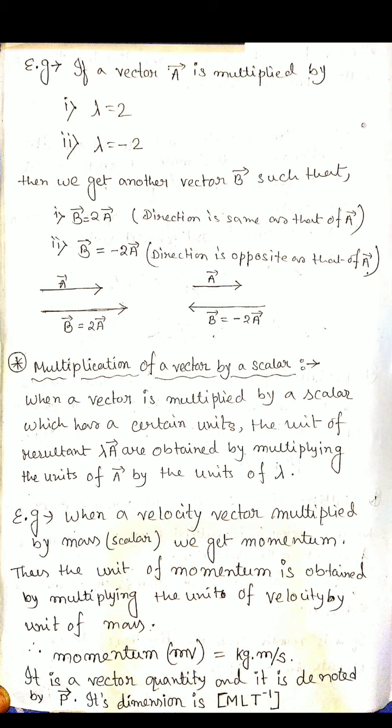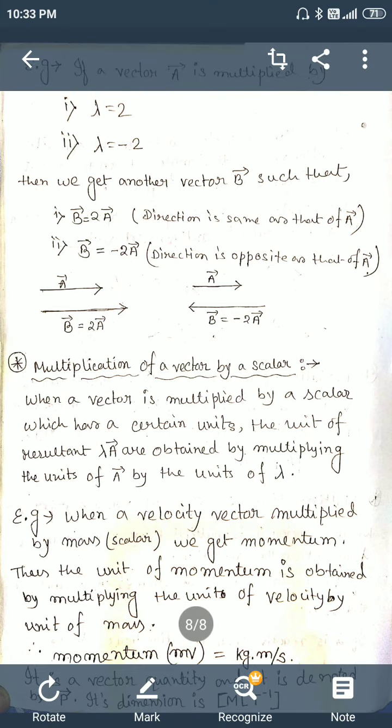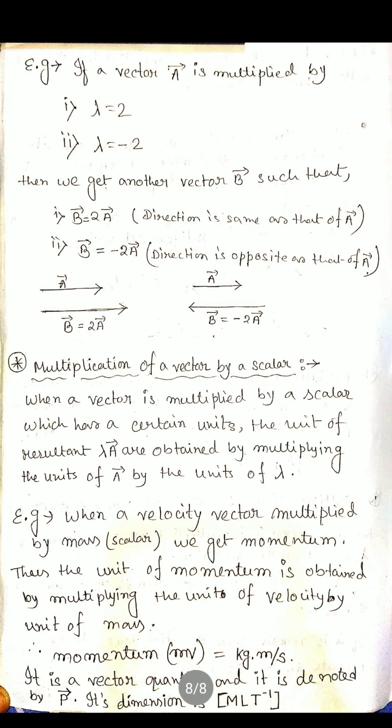Okay. Now if we multiply a vector by a scalar, what happens? When we multiply a vector by a scalar which has a certain unit, the unit of the resultant lambda a vector is obtained by multiplying the units of a by the units of lambda. Here lambda is any scalar quantity.